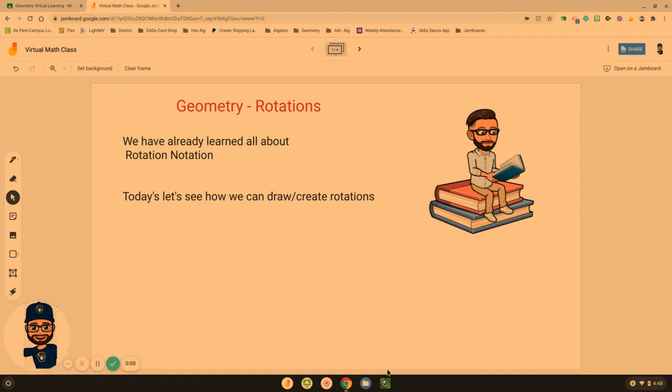Yesterday, we looked at the notation and the proper way to write notations, the proper way to look at the magnitude and whether it's positive or negative. So today we're going to see if we can draw and create some rotations based upon that specific notation.